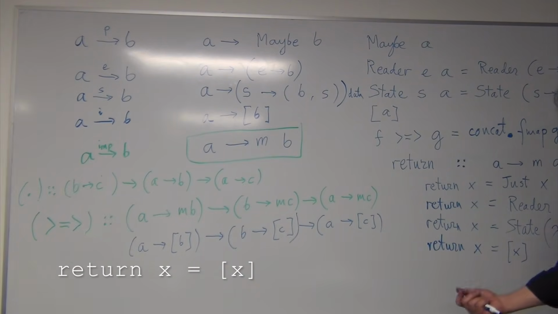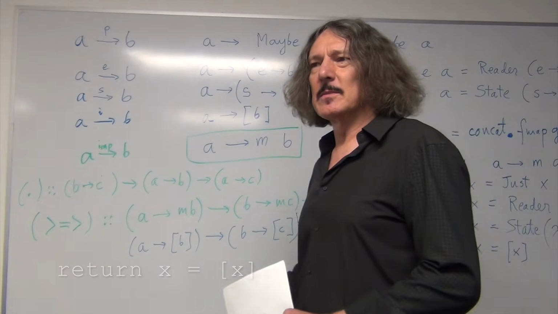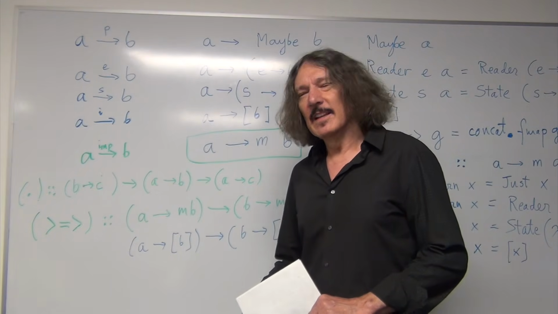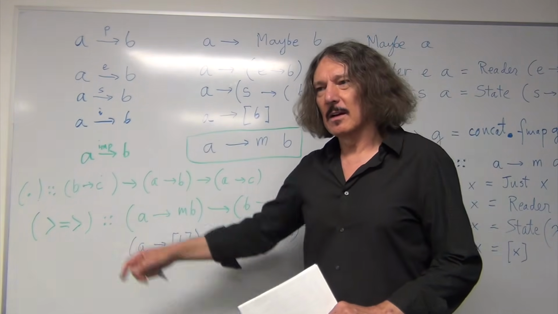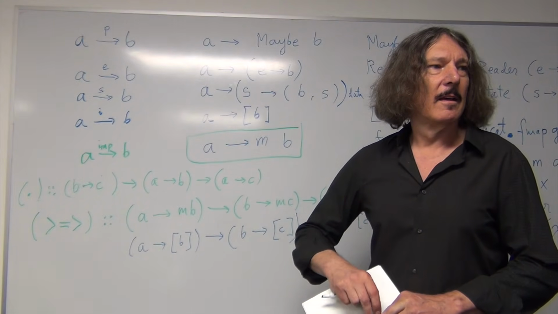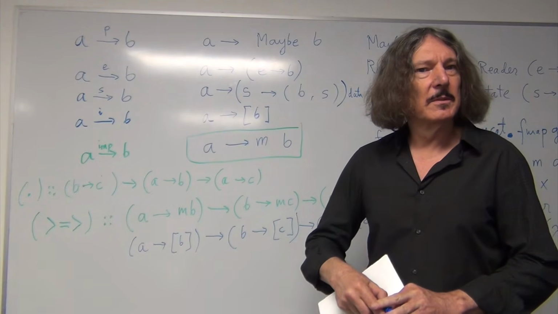So that's the simplest thing that we could do. What is another possibility? No. Null would be bad because it would not be identity. That would be equivalent to return x equal nothing for maybe, right? Yeah, it wouldn't do.